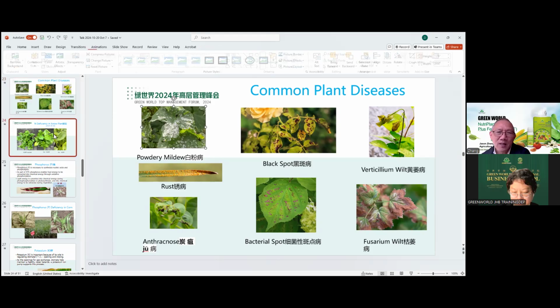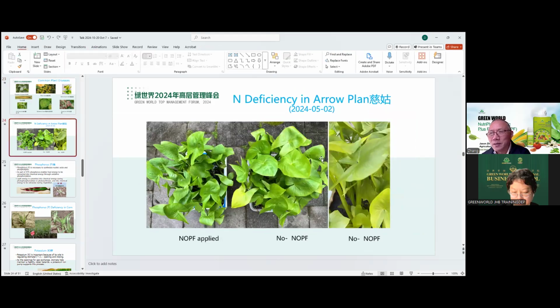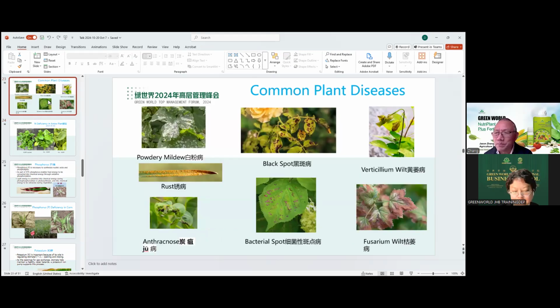Like nutrient deficiency, it's continuous. The whole plant dies. Some fungal diseases also kill the whole plant because they are in the xylem tissue and block the water. But mostly you can see the spots.